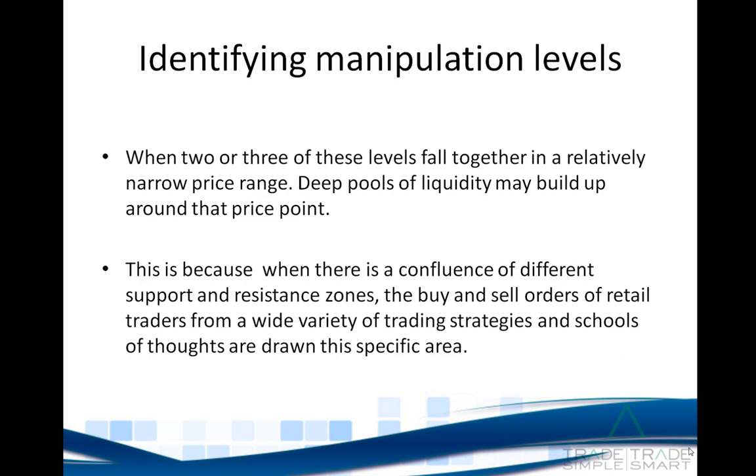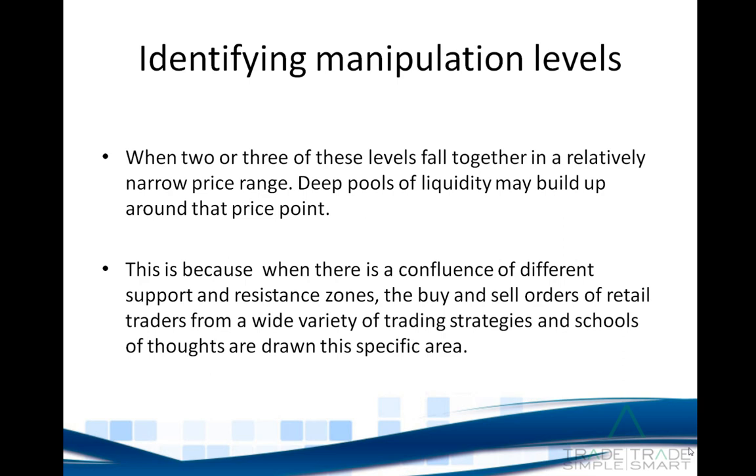And this is because when there is a confluence of different support and resistance zones, the buy and sell orders of retail traders from a wide variety of trading strategies and also schools of thought are drawn to this specific area.